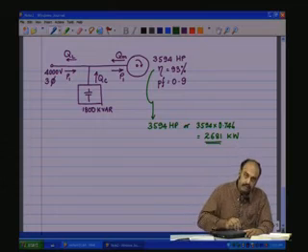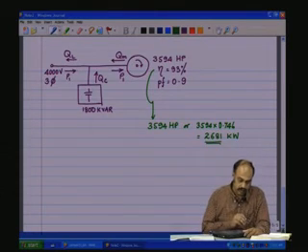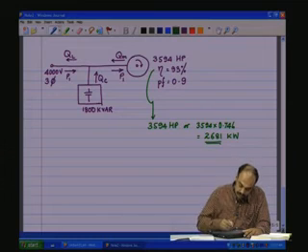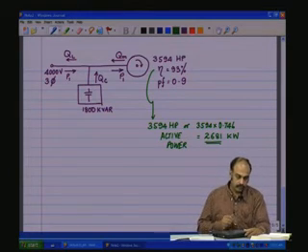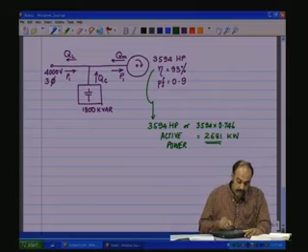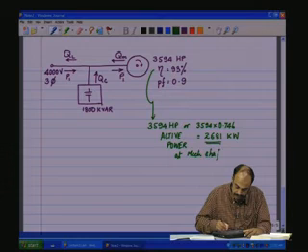This is the amount of power that is going to be put to the mechanical load, the active power. This is the active power at the mechanical shaft.